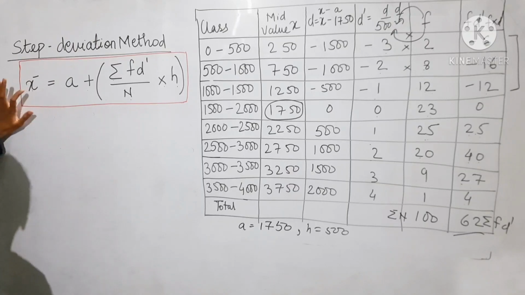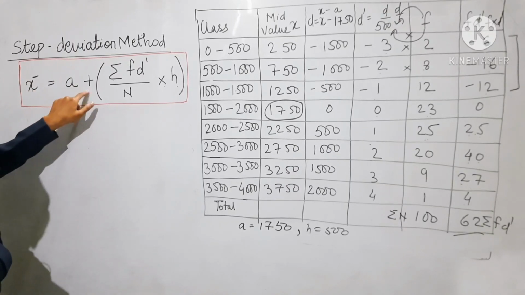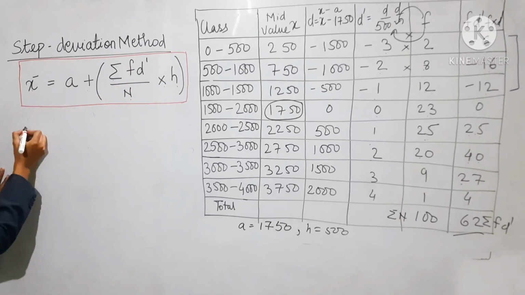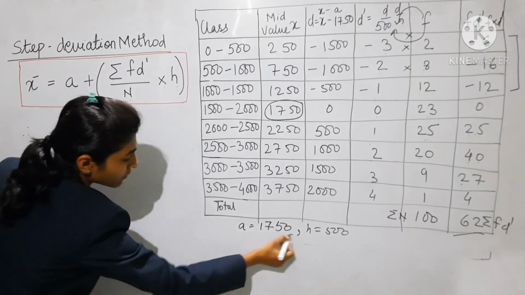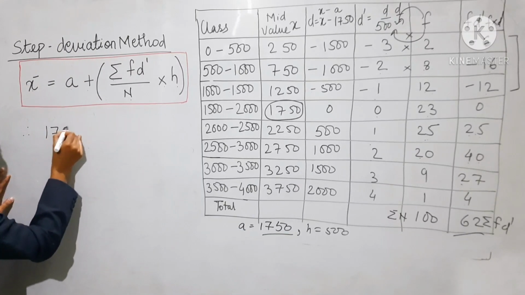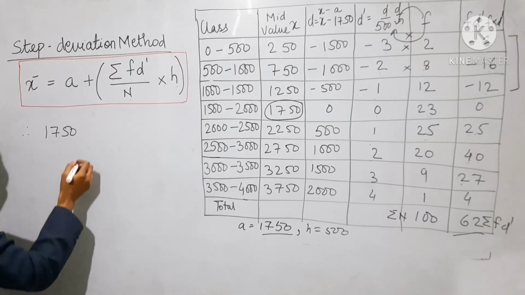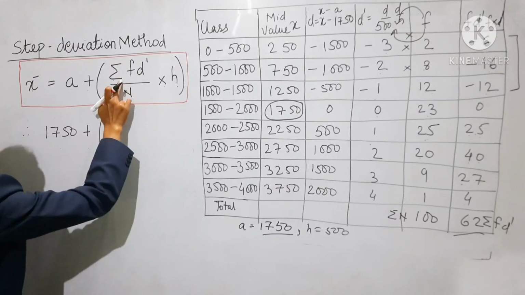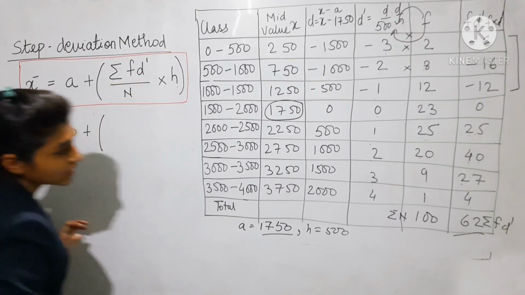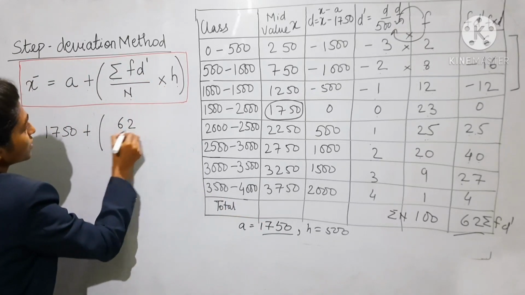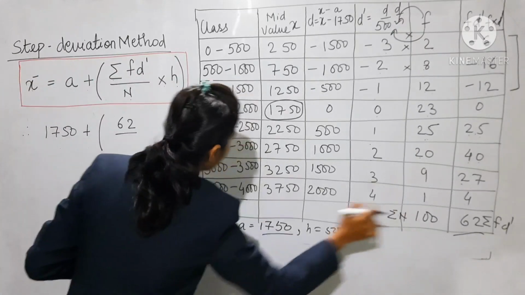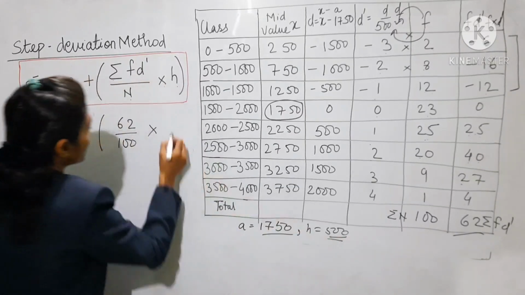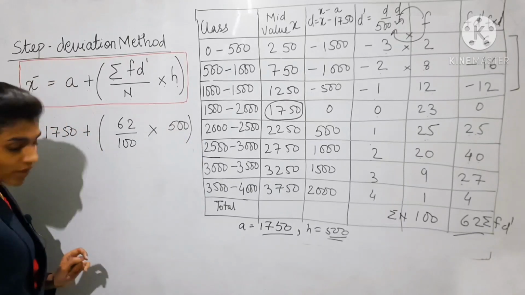Write down the formula: X bar is equal to A plus summation of F D dash divided by N, multiplied by H. Therefore A, what we have assumed, we have assumed 17,500, plus bracket summation of F D dash which is 62 divided by N, summation N is 100, multiplied by H which is 500.